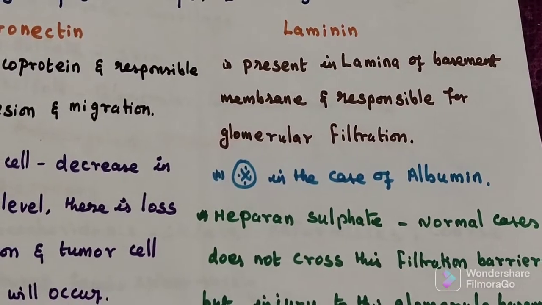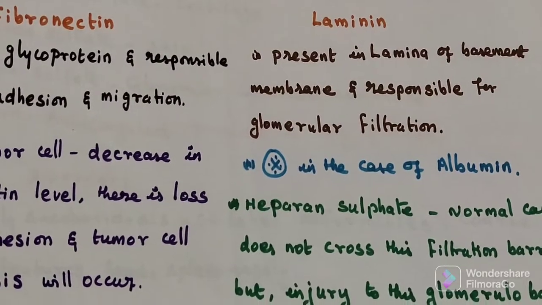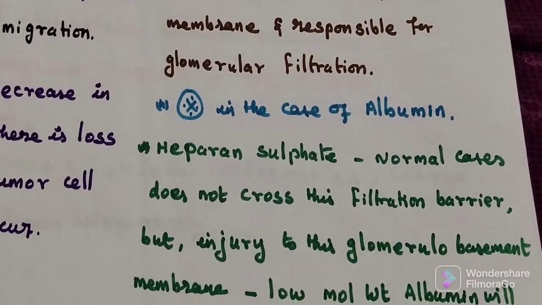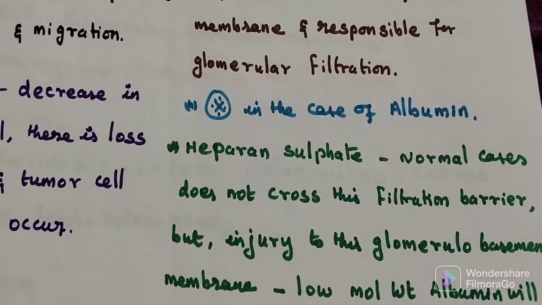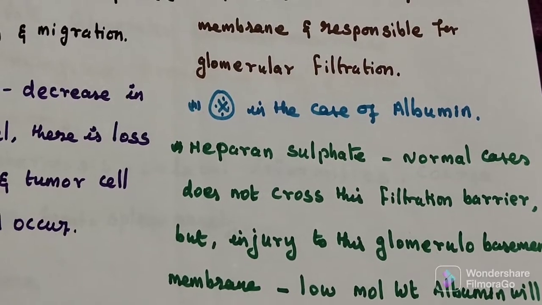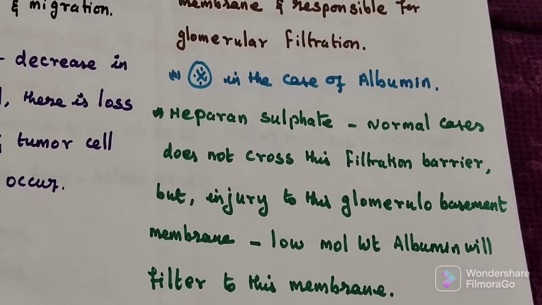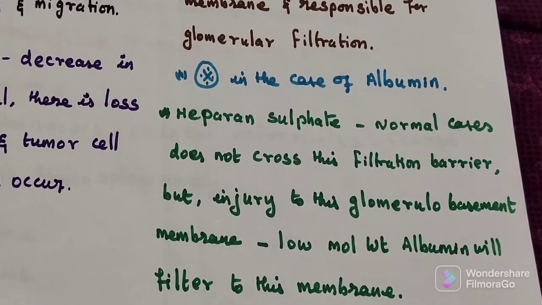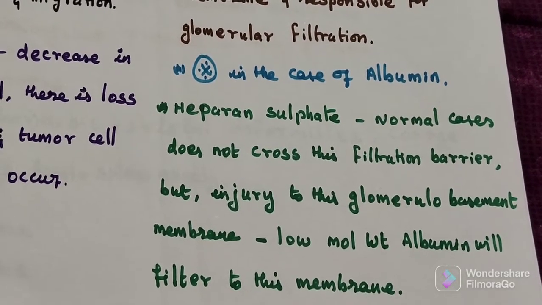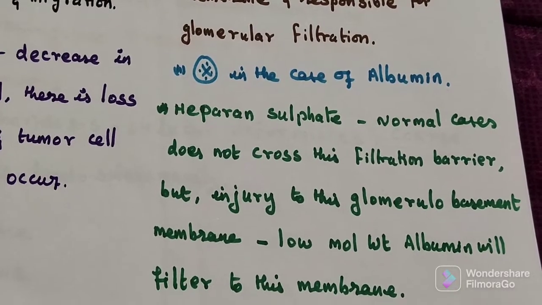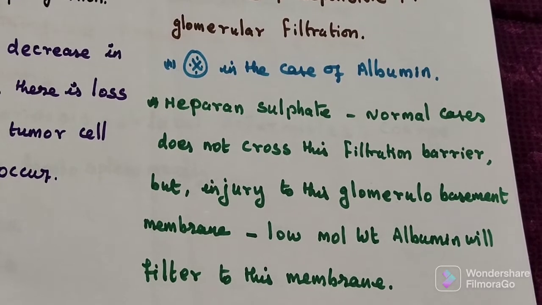The second one is laminin. It is responsible for glomerular filtration. The thick glomerular membrane is responsible for charge-selective glomerular permeability, particularly important in the case of albumin. Mainly, it is negatively charged heparan sulfate, due to which albumin normally does not cross this filtration barrier.